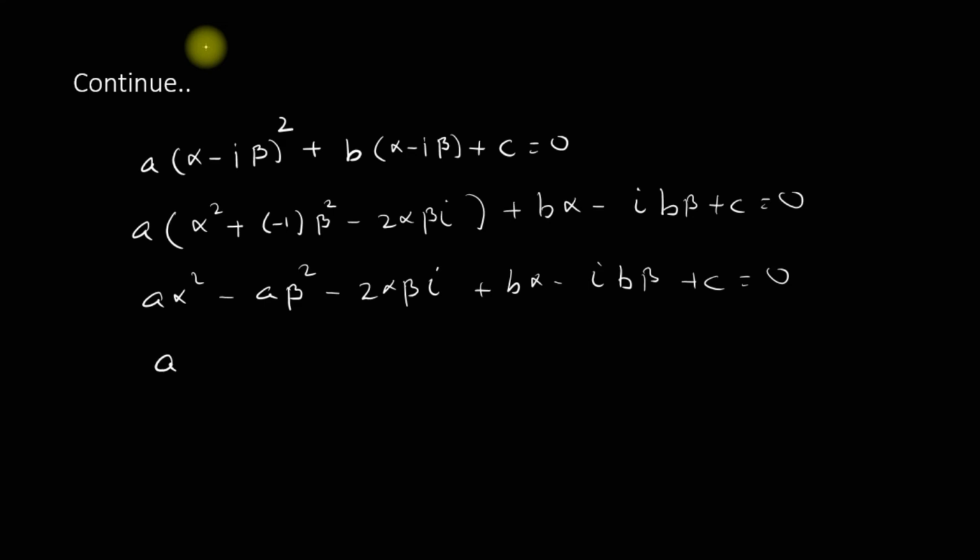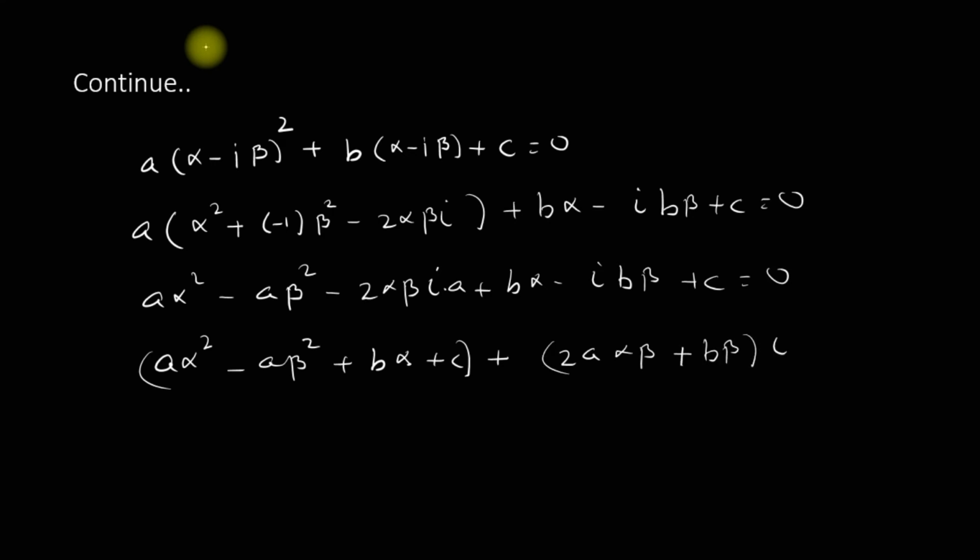We arrange this in real part and imaginary part: a alpha square minus a beta square plus b alpha plus c is the real part, plus the imaginary part, 2a alpha beta plus b beta, into i. This is equal to 0.